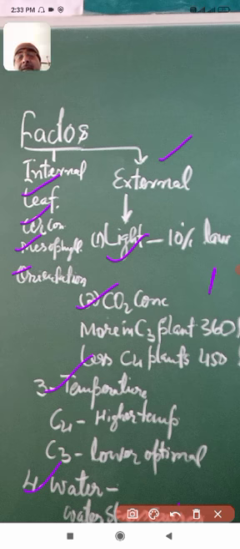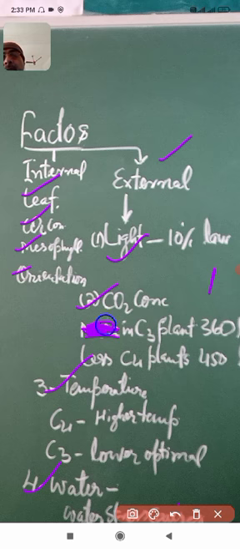Similarly, carbon dioxide is required less in C3 plants.